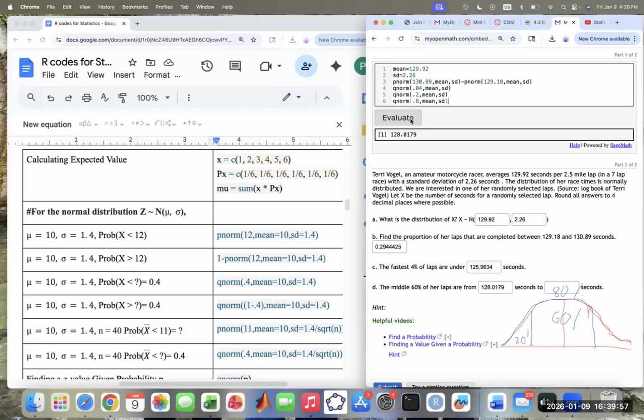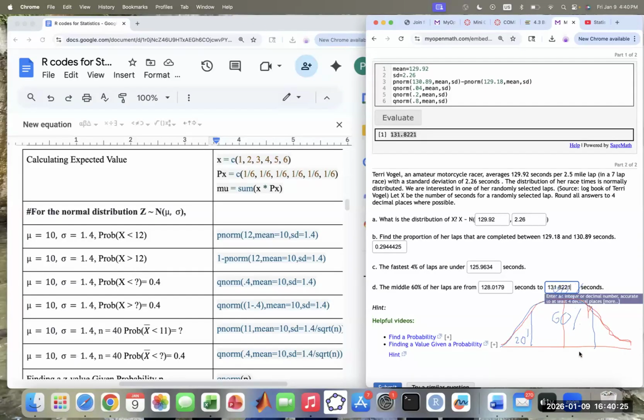That will give you the upper number. I'm going to put it right here. When you do it like this, you will see the mean is around 129, and the range is about 128 to 131.